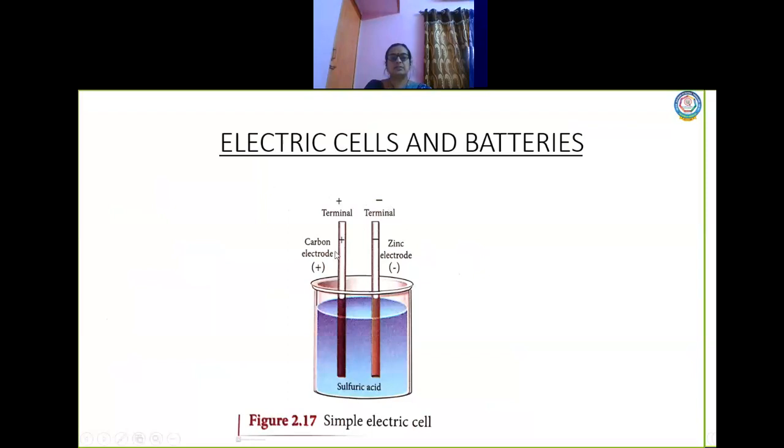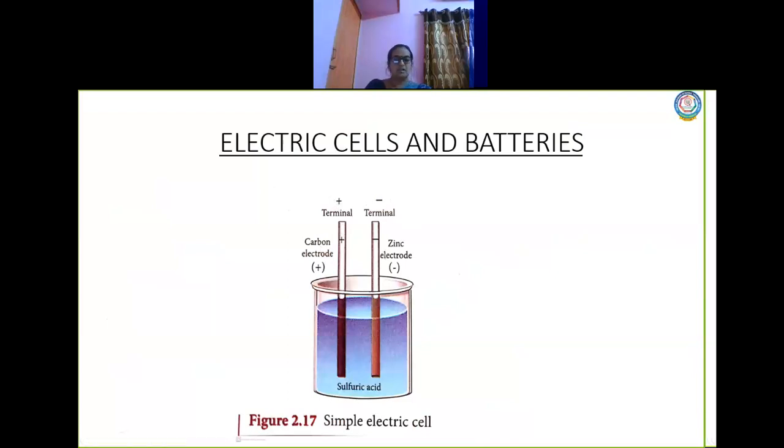One is a positive electrode and one is a negative electrode. This positive electrode is a carbon rod here, children, and this negative electrode is the zinc rod. The carbon electrode is said to be positive and the zinc electrode is considered to be the negative electrode.